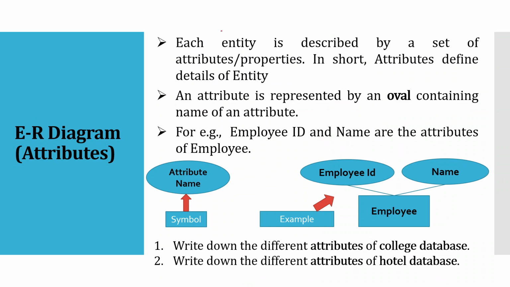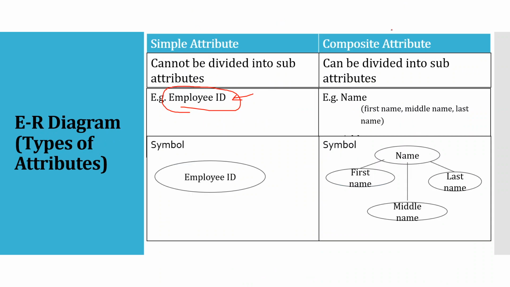And on the other side we have a composite attribute. It means that we can divide a particular attribute into sub attributes. Let's say the name is an attribute. So I'm dividing that name into first name, the middle name and the last name. So this is known as composite attribute. That means we are dividing the name, an attribute, into sub attributes.